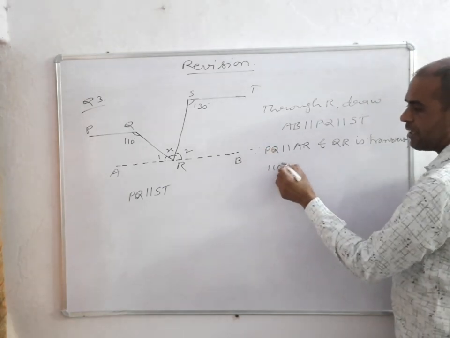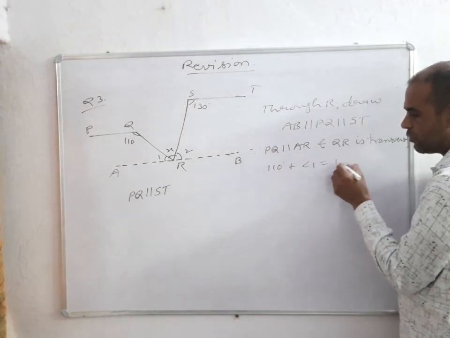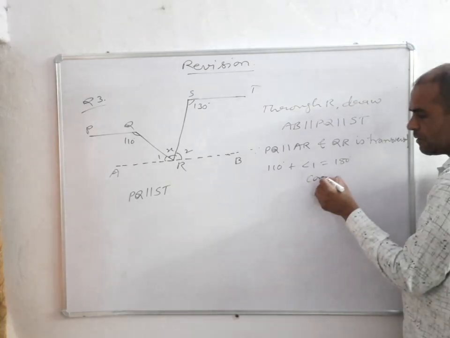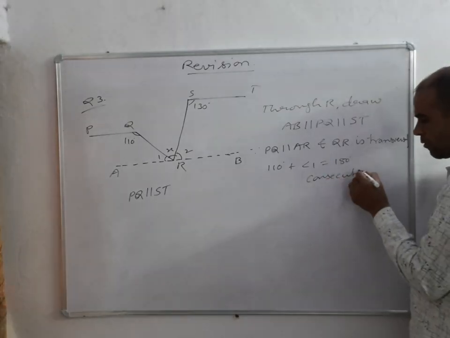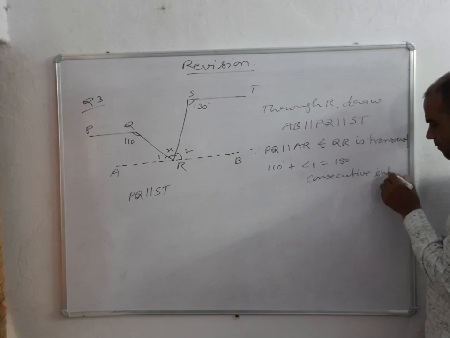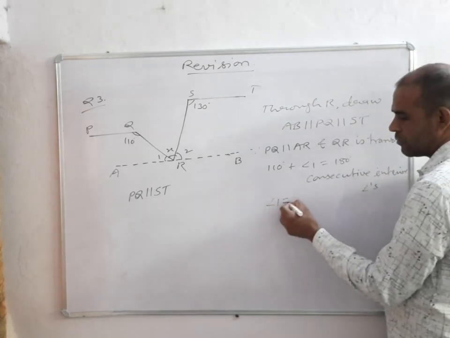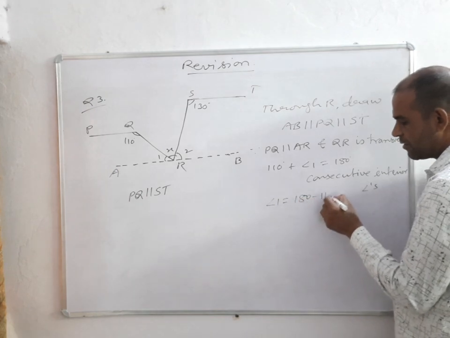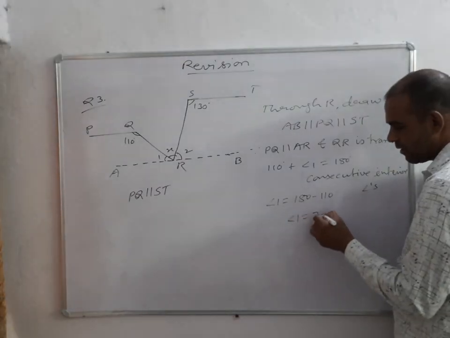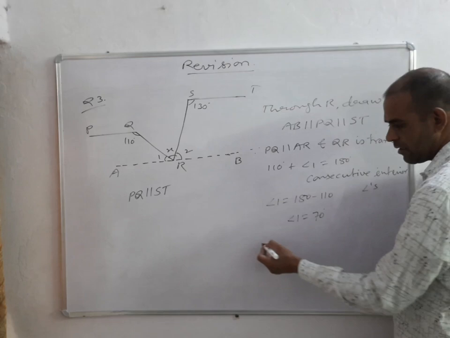So 110 plus angle 1 equals 180. Reason, consecutive interior angles. So angle 1 equals 180 minus 110, and angle 1 is 70 degrees.